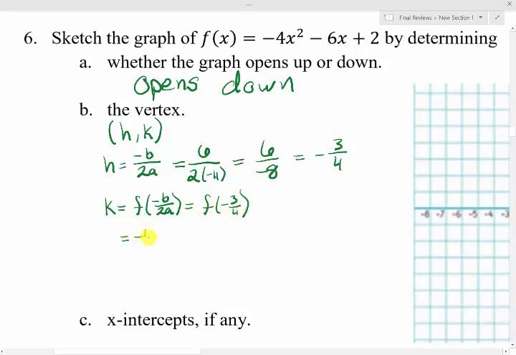That's going to be negative 4 times negative 3/4 squared minus 6 times negative 3/4 plus 2. Well, negative 3/4 squared is going to give me 9/16. And then negative 6 times negative 3/4 is going to give me 18 over 4. And then we still have plus 2.